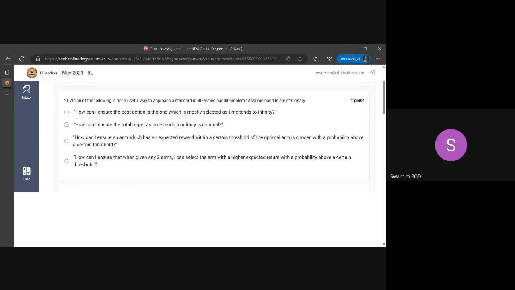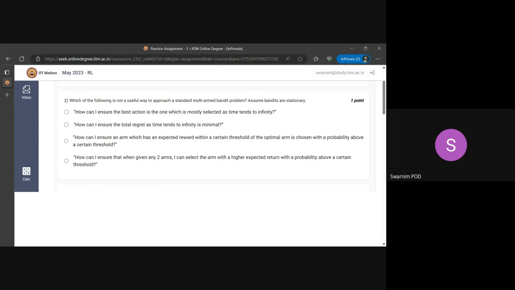It says an arm within a certain threshold of the optimal arm. So the optimal arm is mu star, and the arm that I'm choosing is, let's say, mu star minus epsilon. So this is also not the correct answer, because this is actually a good strategy.